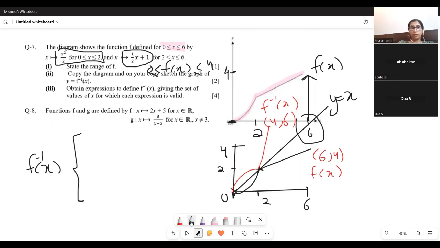Okay. So when y is x squared by 2, then it becomes 2y, and then square root, and then plus minus equals x.